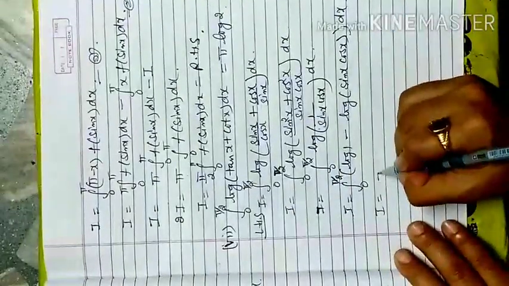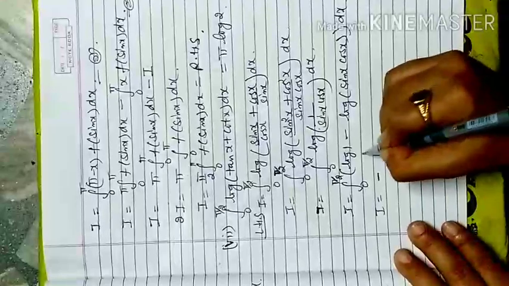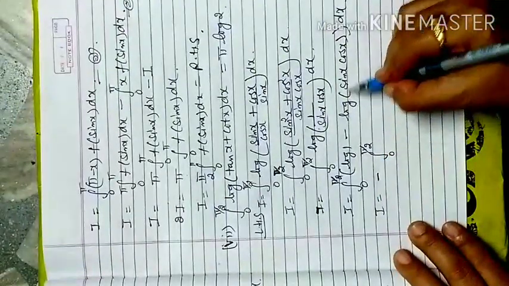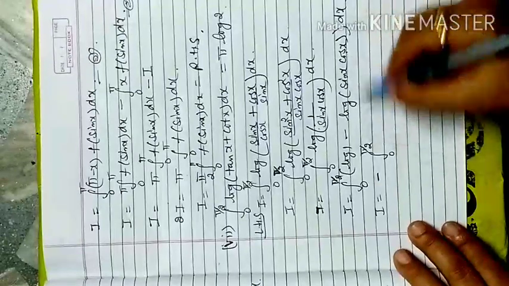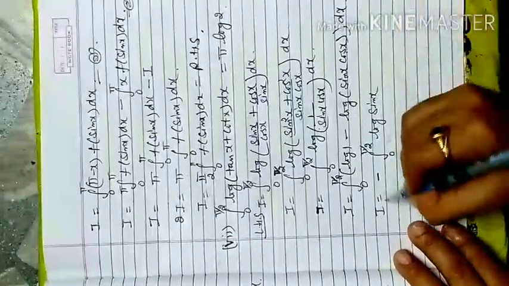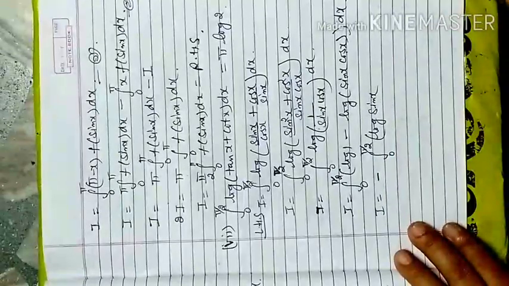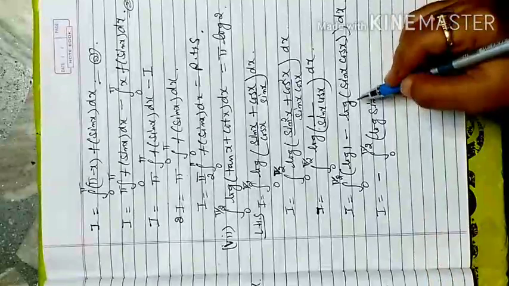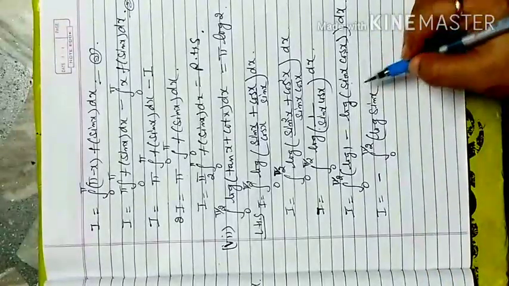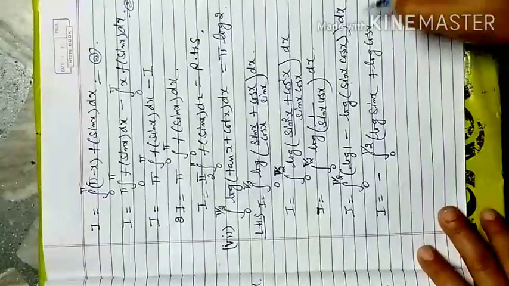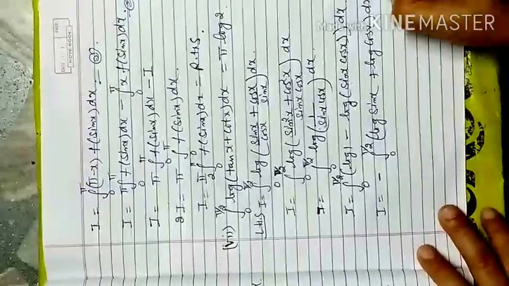You take the minus common outside, integral 0 to pi by 2. Here this is log m into n, I can open it again, minus I take common outside, so according to the logarithmic rule, log m into n is log m plus log n. So that is log sin x plus log cos x dx.